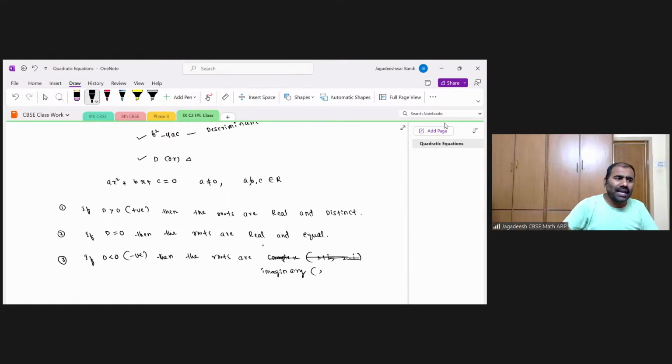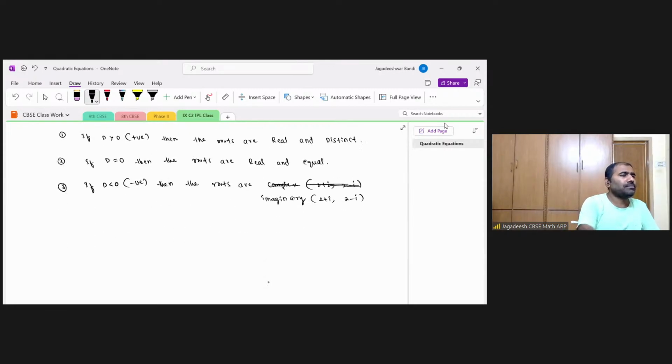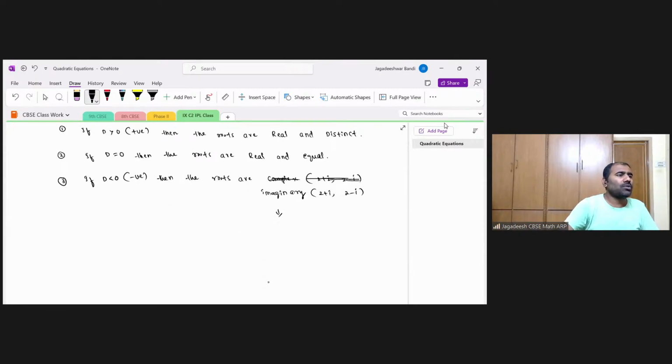Meaning if you get one root as 2 plus i, another root will be 2 minus i. They are also called conjugate roots, or conjugate to each other. I'll write here, they are also called conjugate to each other.